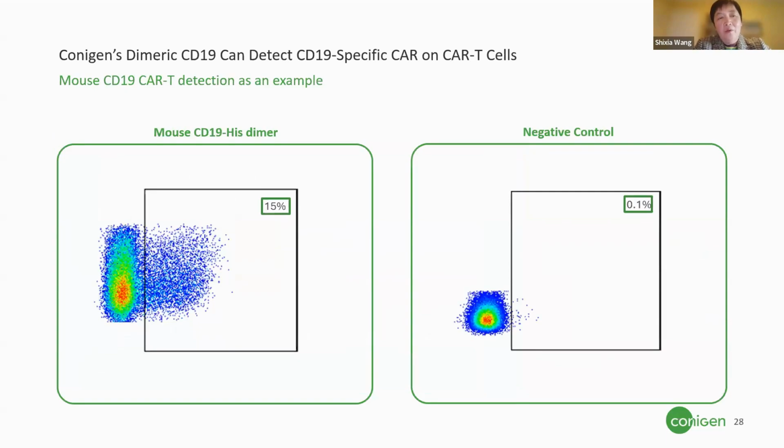The third molecule is CD19. CD19 is a B cell co-receptor. It has different functions to activate the B cells, including TCR dependent and TCR independent activation functions.